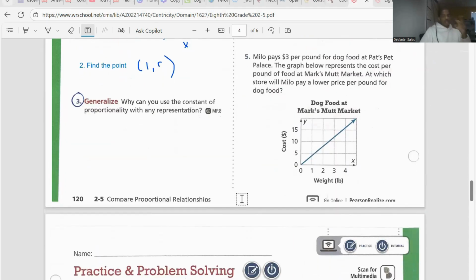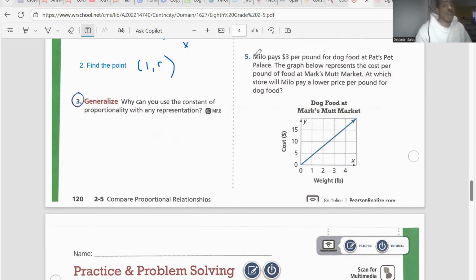Milo pays $3 per pound for food at Pat's Pet Palace. The graph below represents the cost per pound of food at Mark's Mud Market. At which store will Milo pay a lower price per pound for food? For the first unit rate, they don't give us a graph or an equation.